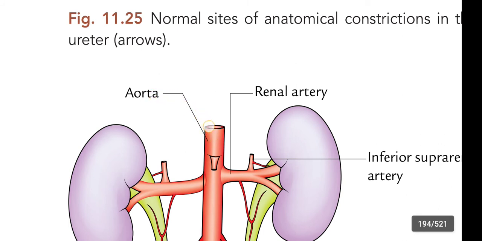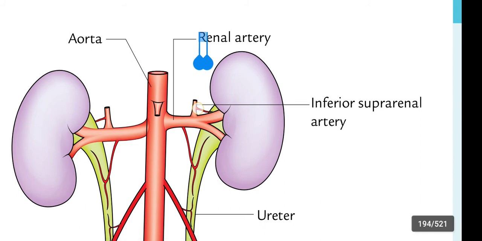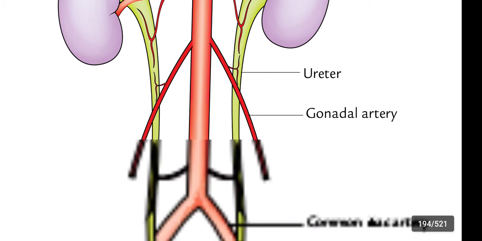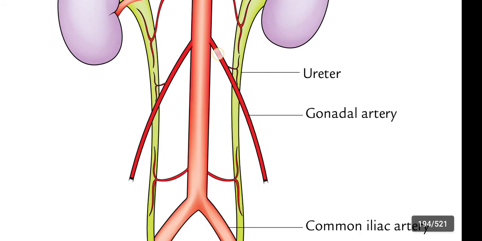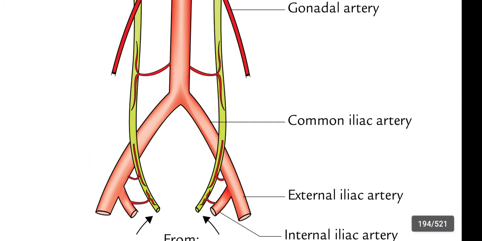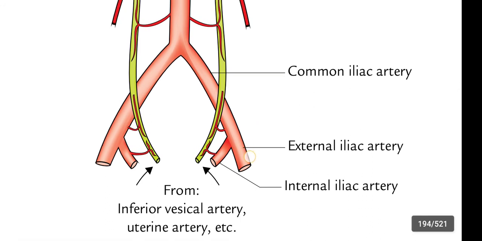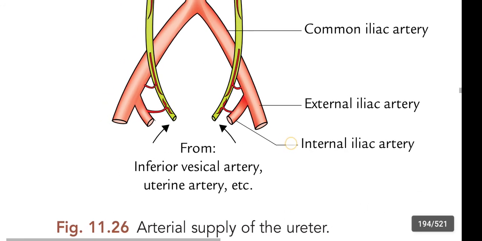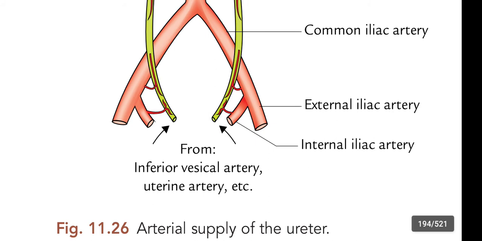Direct branches from the aorta, renal artery, superior suprarenal artery, gonadal artery, common iliac artery, external iliac artery, internal iliac artery, and from inferior vesical artery, uterine artery. Okay, these are the arterial supply of the ureter.